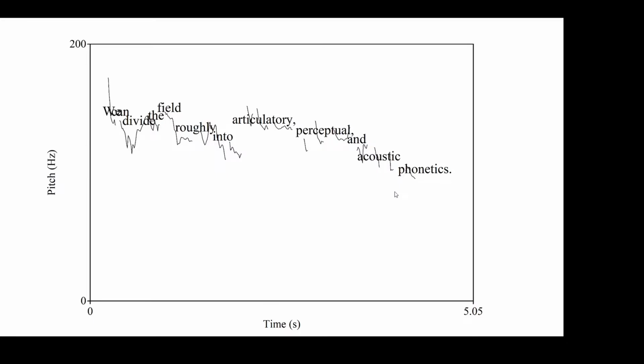And it's only when we get to the final element in the list that the pitch then drops back down to where it was declining to all along. So that final fall indicates the end of the list. And that's an example of a discourse function where you control when the pitch goes where to show which things belong together, in this case, the list.